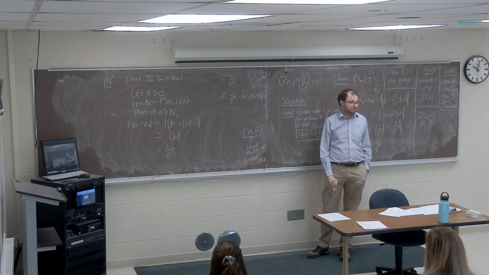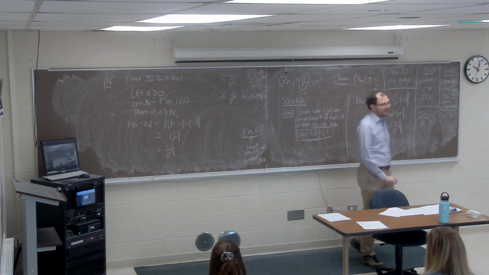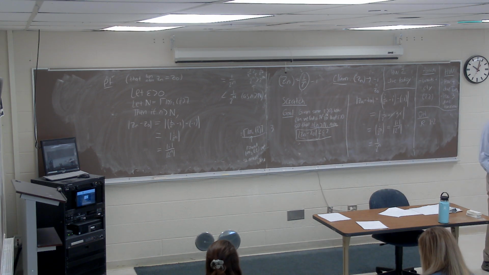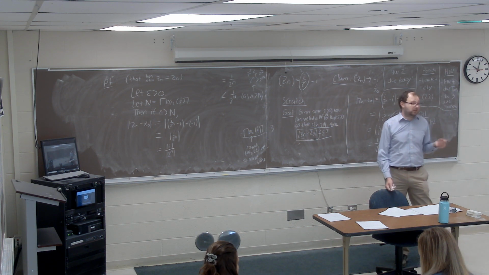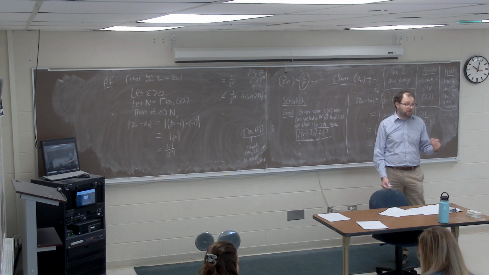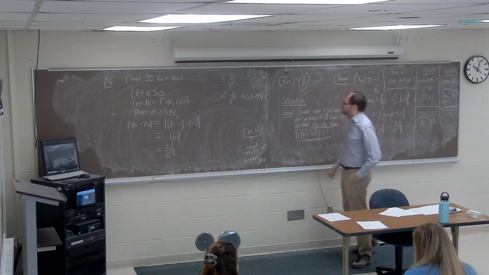Yeah. Oh, and then 1 over means we flip the inequality. Yeah, if you take the reciprocal on both sides, then the inequality flips. It's sort of like 2 is less than 3, but 1/2 is greater than 1/3. Like the smaller the denominator in general, the bigger your fraction is. And the bigger your denominator, the smaller the overall fraction is. So that's kind of what's going on here.